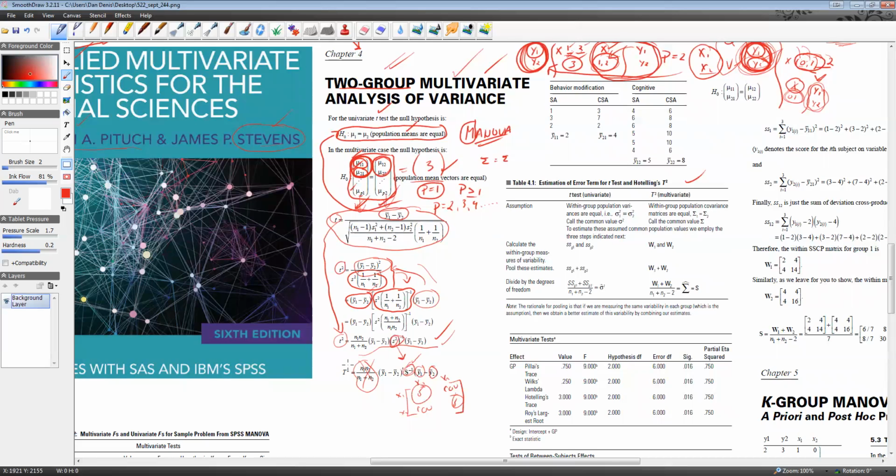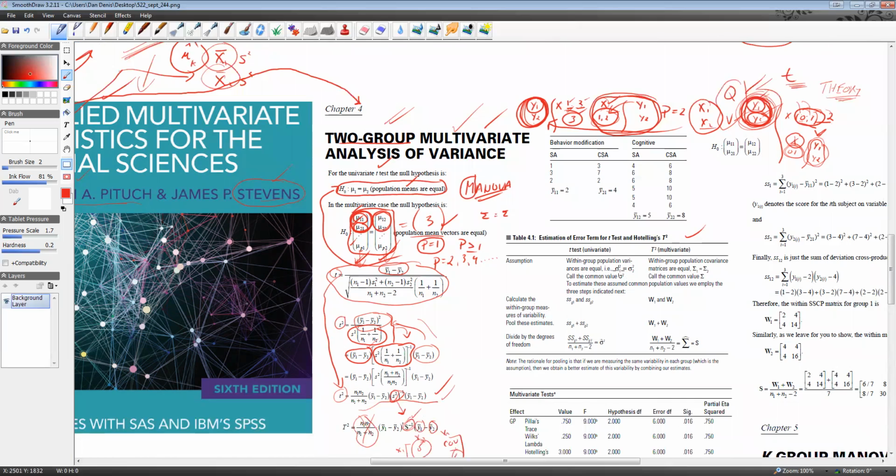Okay. So an example here is really going to help. And the example here is with two group structure. So we have behavior modification, one group, and then we have cognitive therapy in another group. And then we have two response variables here.